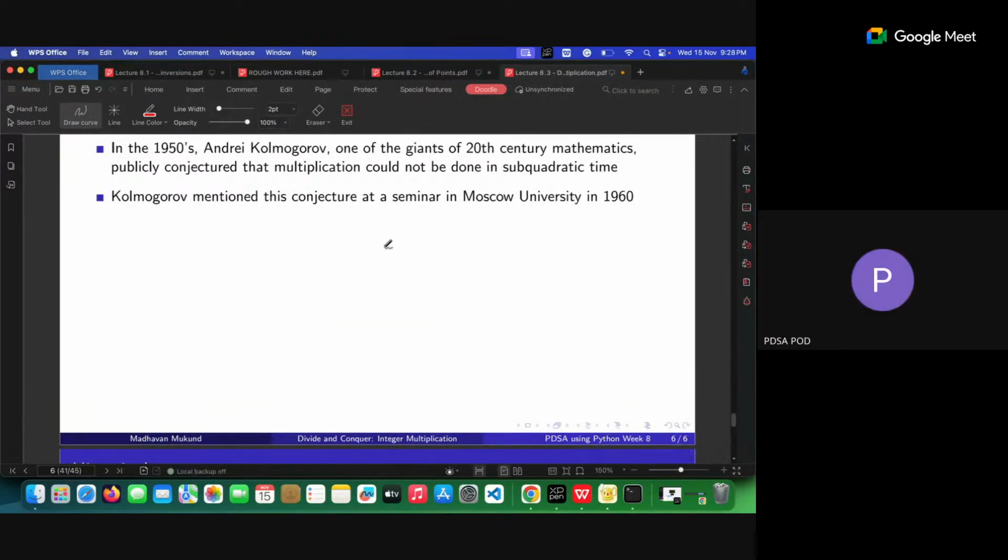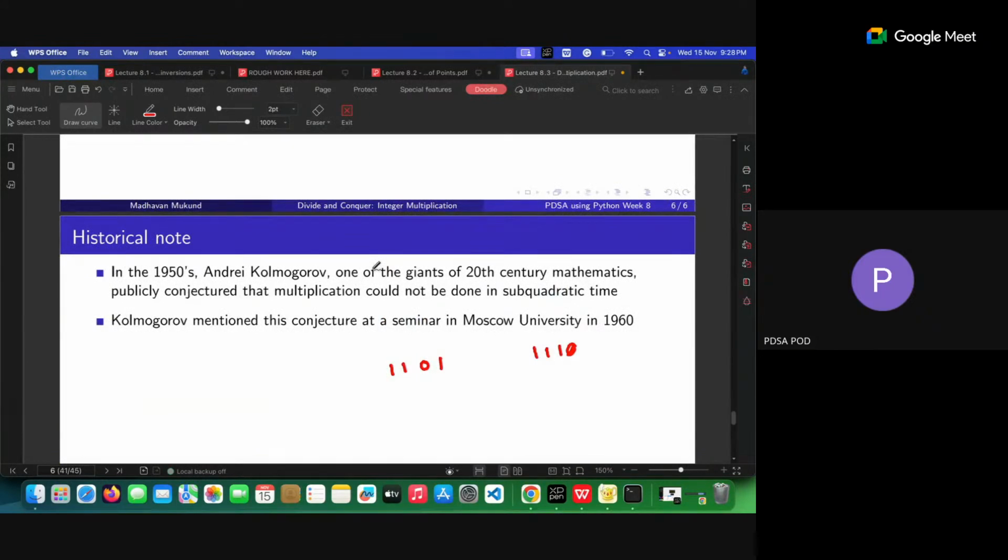See, bit manipulation. Say you have taken 4 bits. This is one number. Another number is taken, like 1, 1, 1, 0, something like this. For multiplying these two numbers, first we have to split each into 2 halves, an x partition and a y partition.